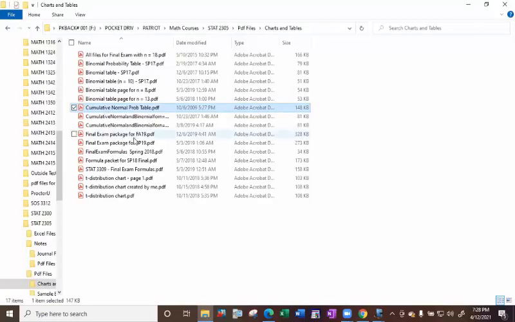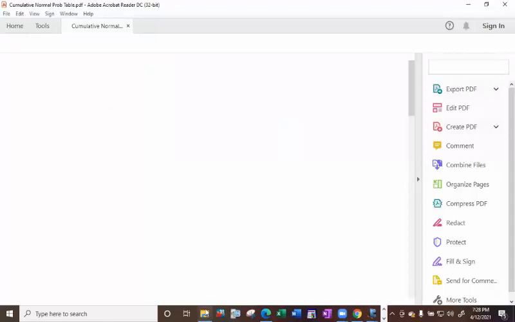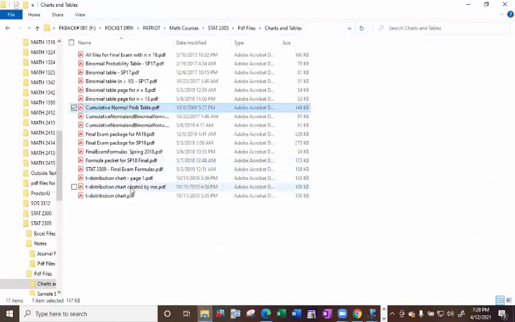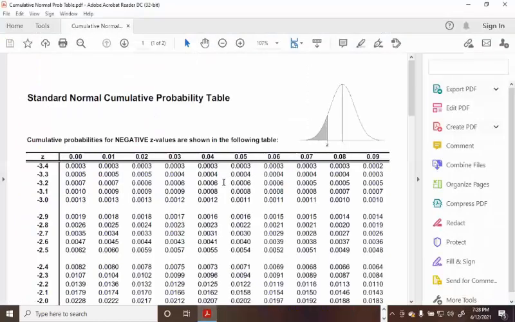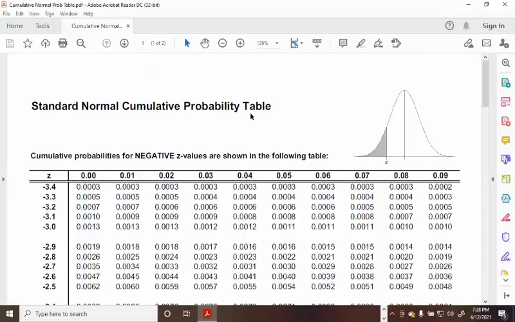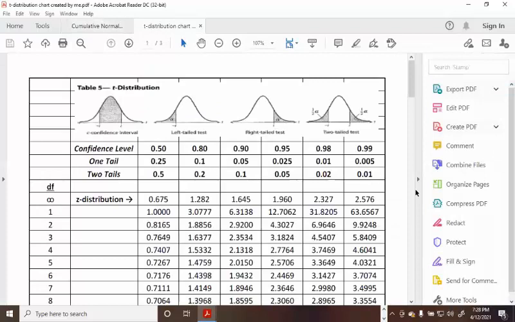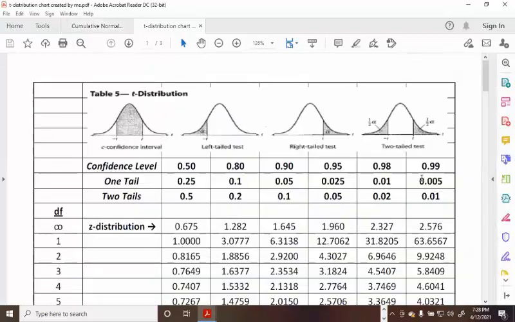Did that not open up? Oh, there we go. And let's bring up this other one. All right. So we'll come back to those PDF files. Tremendous. We're going to need this t distribution here in a minute too.